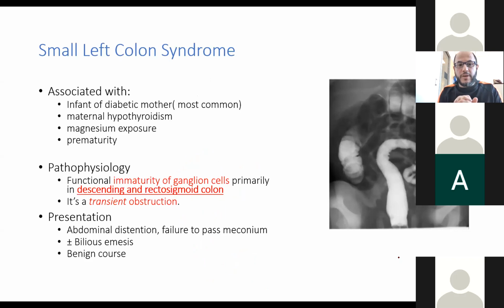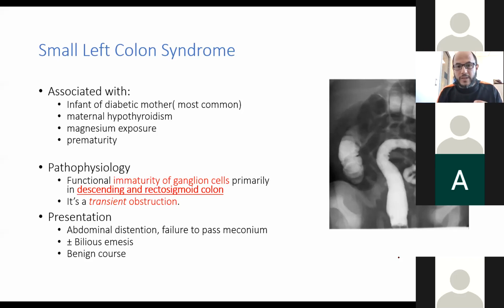If they bring you a story with an infant of diabetic mom, and then they show you an image with microcolon on the left side, always think of small left colon syndrome, or transient obstruction, whether they want to know the pathophysiology or the course of treatment. Usually you monitor the baby clinically because that's a transient obstruction.